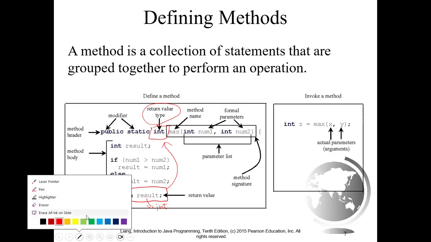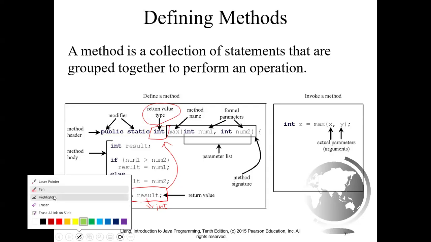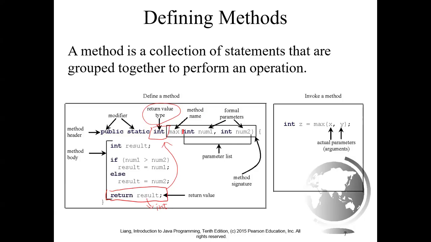Let me highlight it. These are method signatures. So you have to remember what those elements in the method headers are. It is a requirement for you to memorize them.